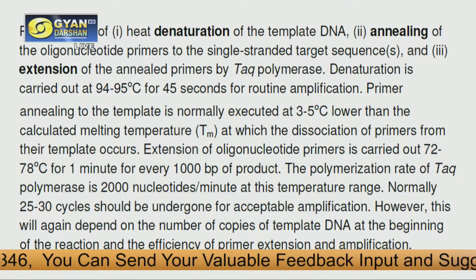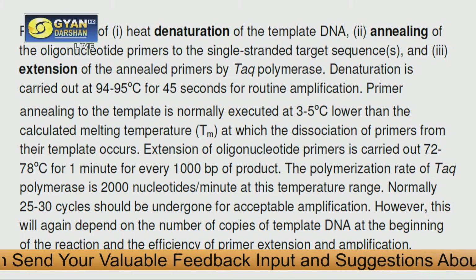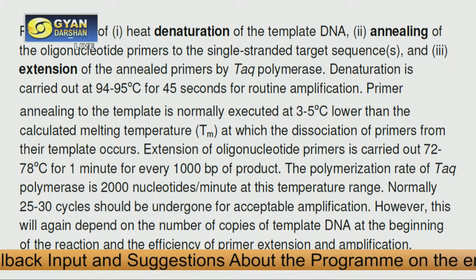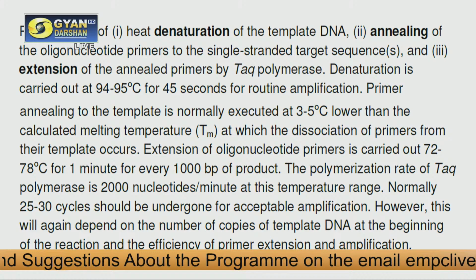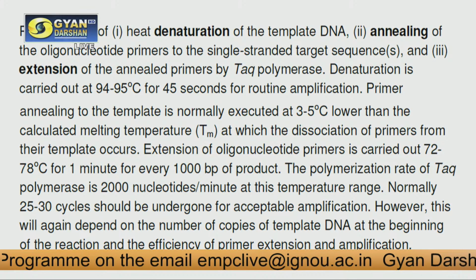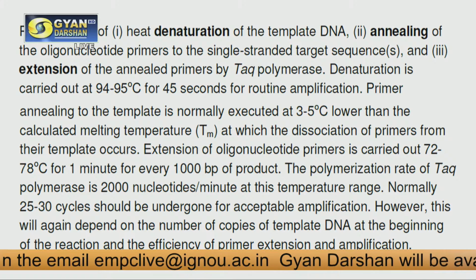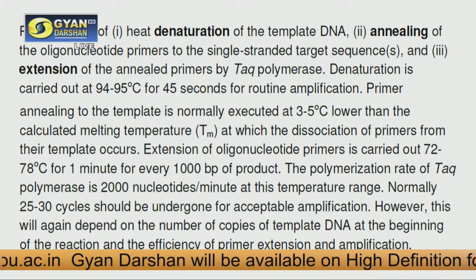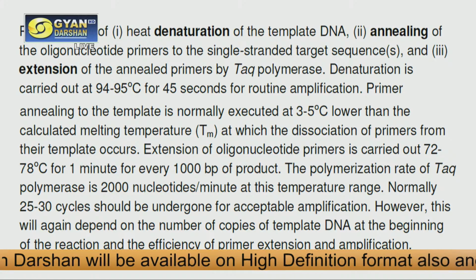Next, extension. Extension is carried out at 72 to 78 degrees centigrade for 1 minute for every 1000 base pair of the product. Polymerization rate of Taq polymerase is 2000 nucleotides per minute at this temperature range. Normally, how many cycles do we need to carry? 25 to 30 cycles. It is recommended 30 cycles.